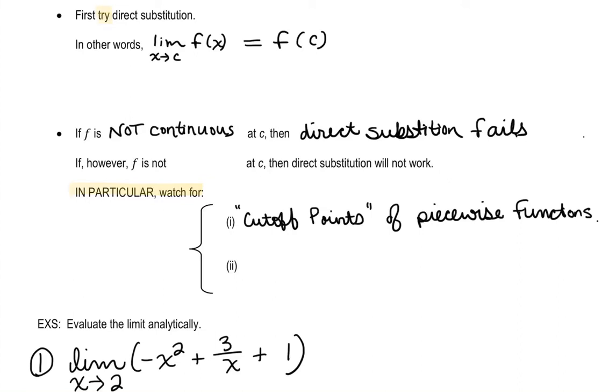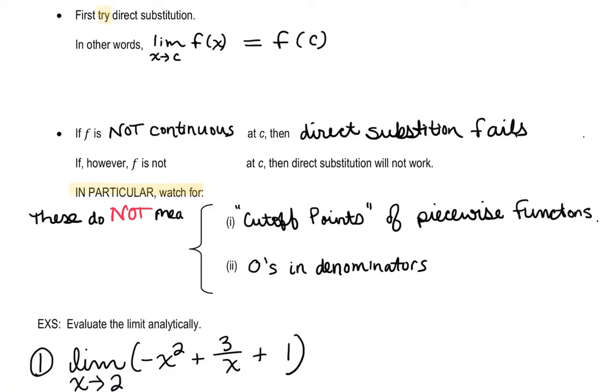And then the other one, always kind of our biggest culprit, is going to be zeros in denominators. This is always a big problem for us in lots of areas, right? So division by zero is not defined. So in these two situations, the thing that you want to think about here initially and be cautious of is that these two situations do not mean that the limit does not exist.